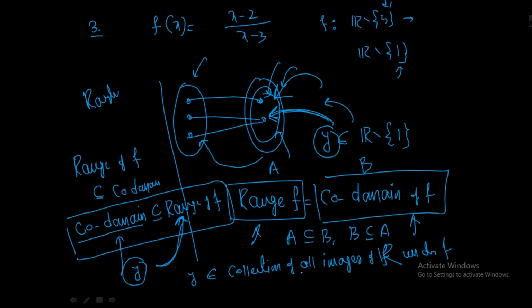So y is an image. So we need to show that if we pick an element from the codomain, it will be an image. It will be an image means there is an x such that f(x) is equal to y.